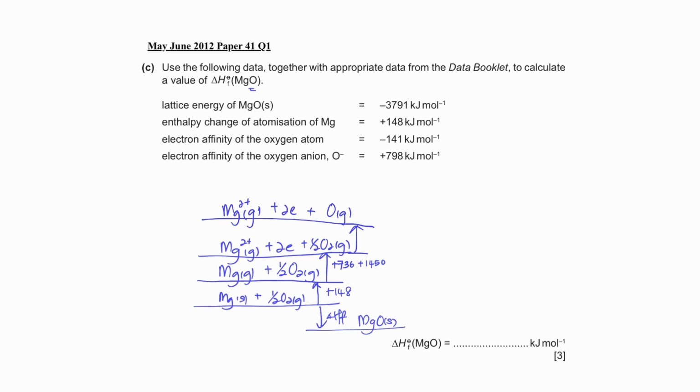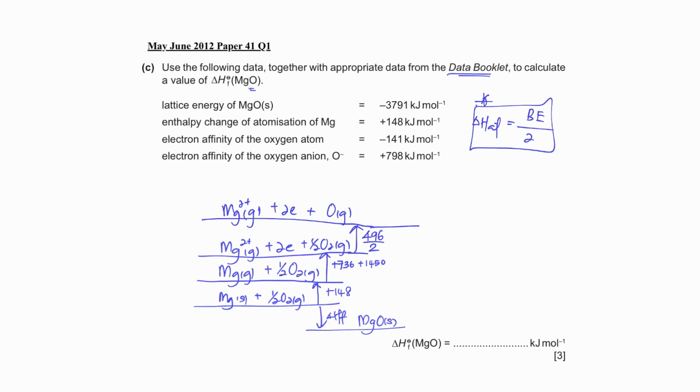So this process is the atomization of oxygen, where the enthalpy change is not provided in the question, but we could get it from the data booklet, where atomization is half of the bond energy. We get the bond energy for oxygen from the data booklet, which is 496. For the atomization, we divide this bond energy by 2.